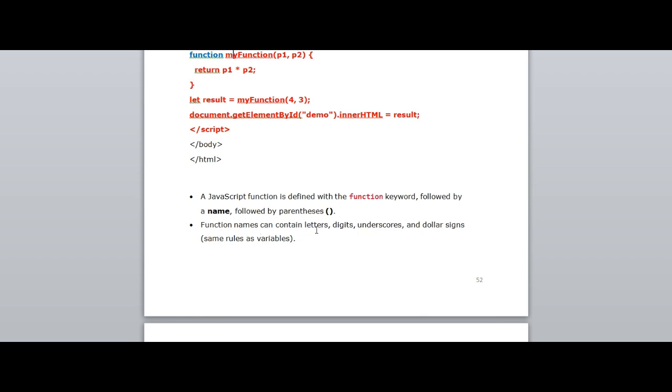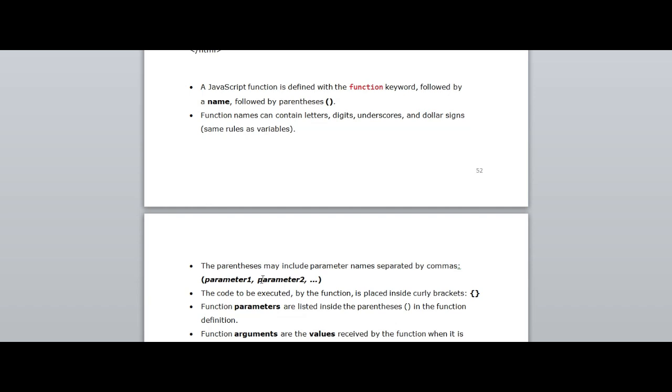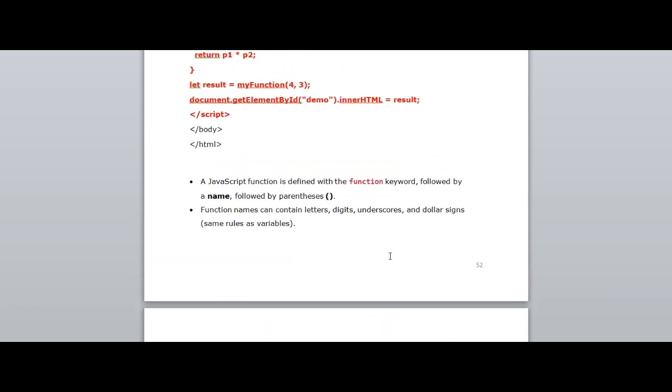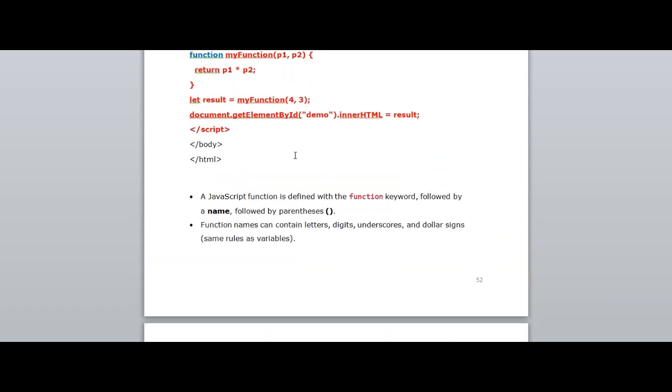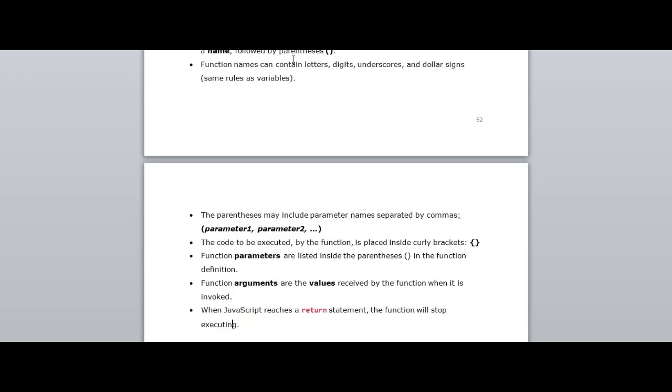Function names can contain letters, digits, underscores, and dollar signs. Same rules as for variables. Now, the parentheses may include parameter names separated by commas, which is what we did here. Let's go back. You can see the parameter names here, P1, P2. Those are the parameters.